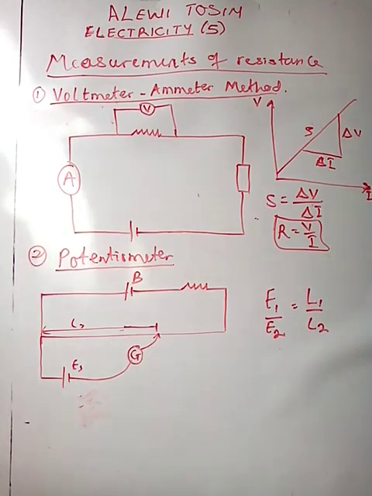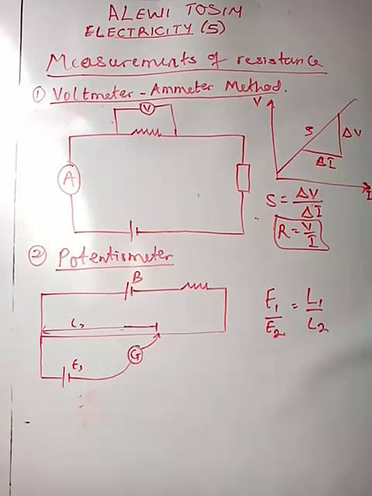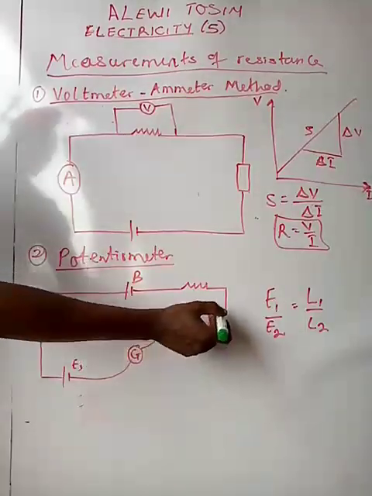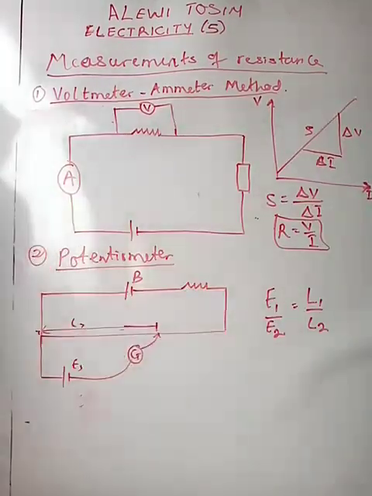Now, we also have what we call the potentiometer. What is a potentiometer? A potentiometer is a device used for measuring the potential difference between 2 points or 2 ends. It consists of a uniform wire of length 100 centimeters, that's a typical meter rule, 0 to 100 centimeters.